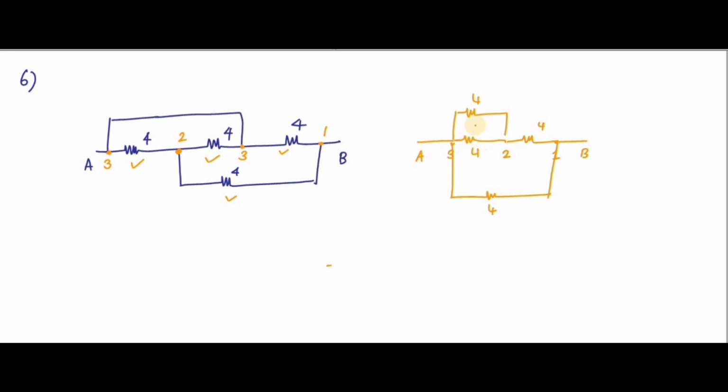So now it becomes easy, right? So 4 and 4 are in parallel, so you will get that one as 2. And 2 and 4 are in series, so you will get 6, and 6 and 4 is in parallel.